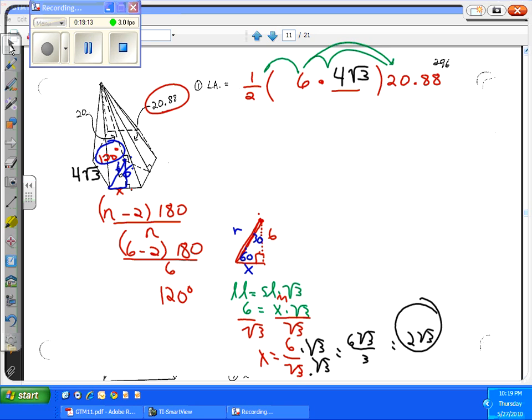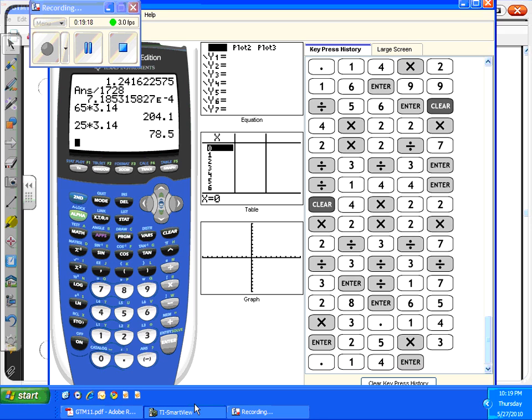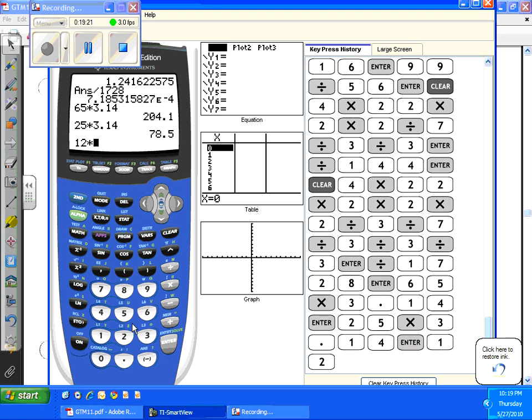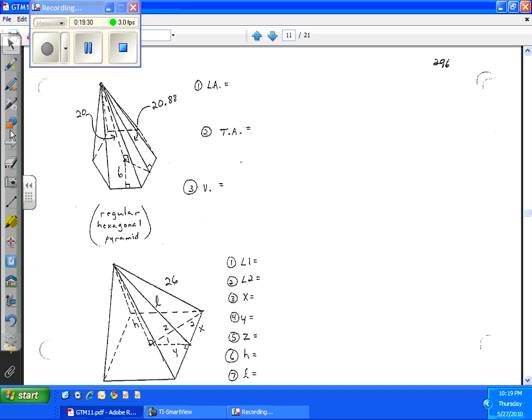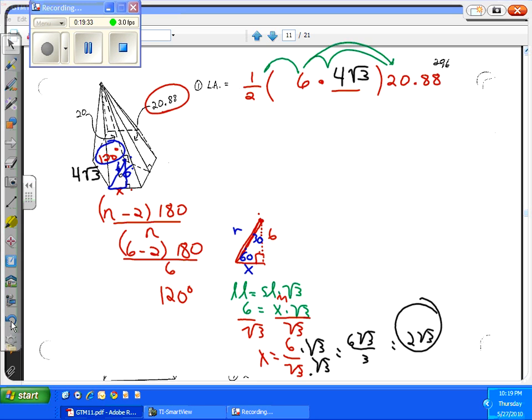So half of 6 is 3. 3 times 4 is 12. 12 times 20.88 is 250.56 square root 3.